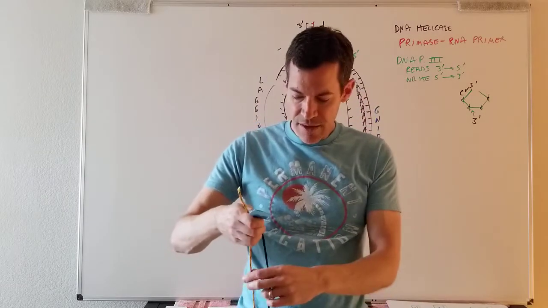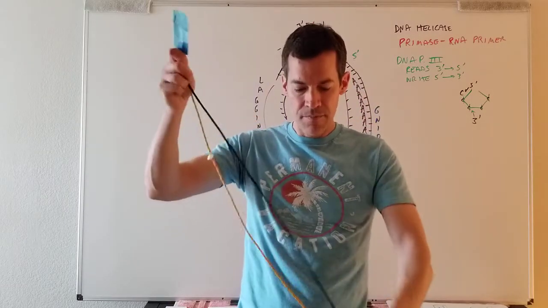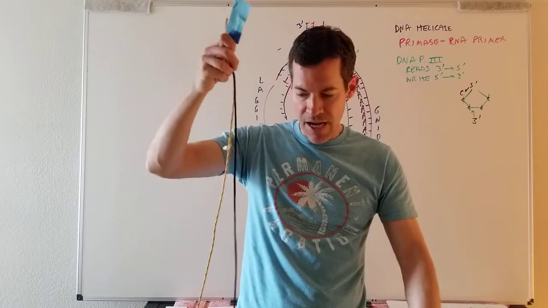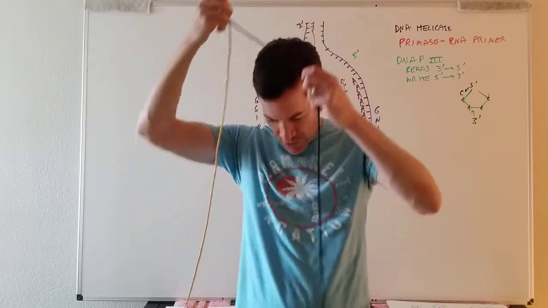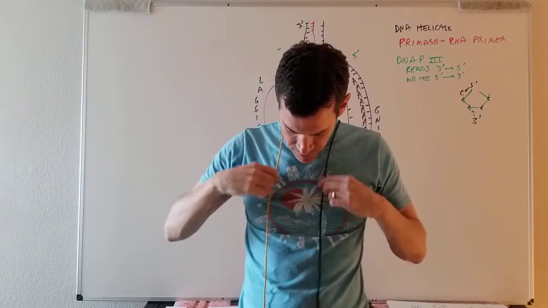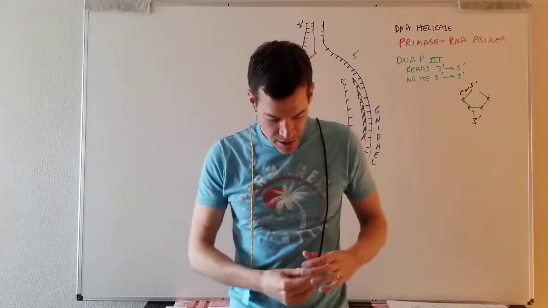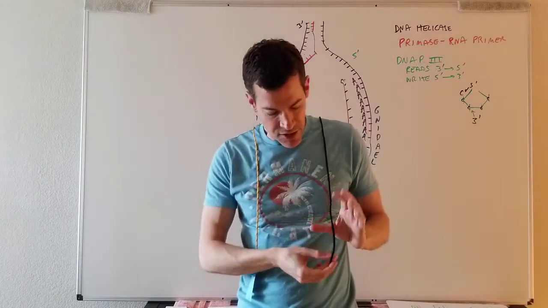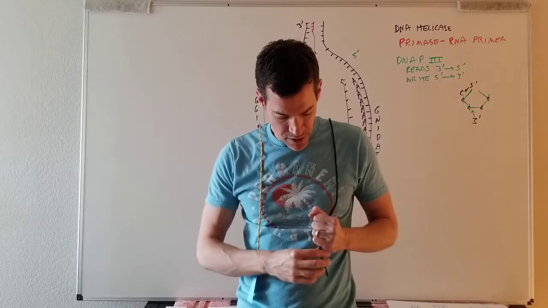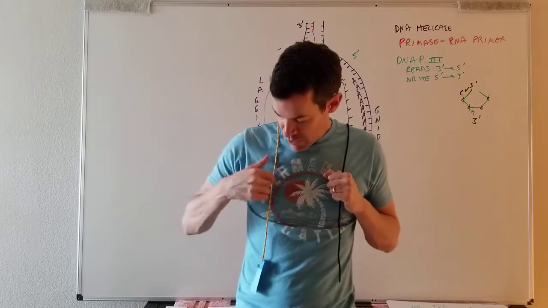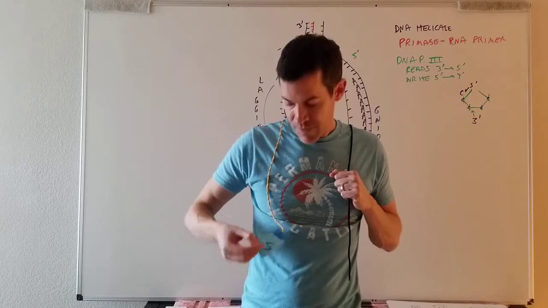Well, pretend that DNA is double helix together and pretend that my head is helicase. So I'm unzipping this. Okay, so here we go. This is 3. So DNA polymerase lands on some primer and just starts cruising this way. Great. Now there's a primer right here. This is my 5.